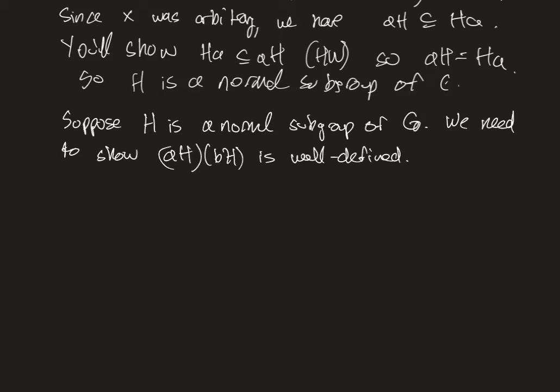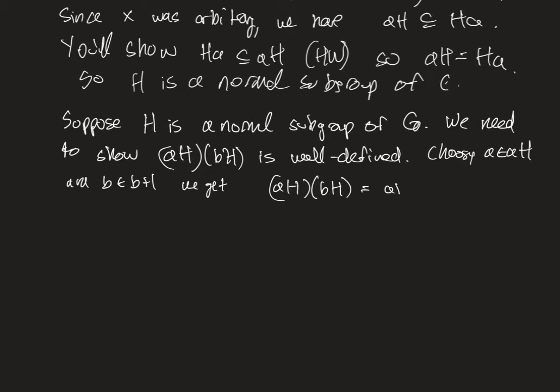So choosing the obvious representatives, a in aH and b in bH, we get aH times bH equals abH.